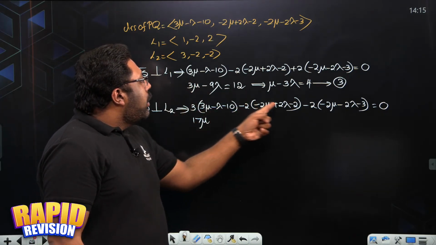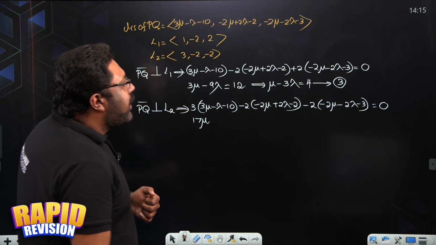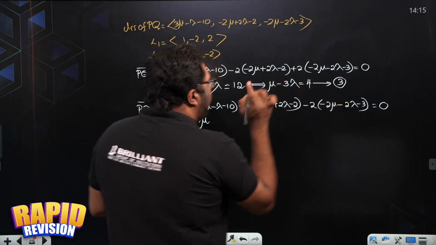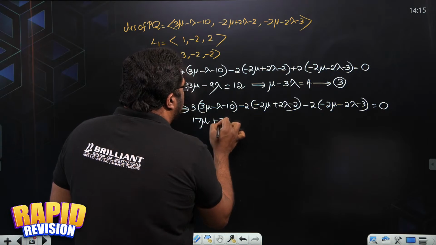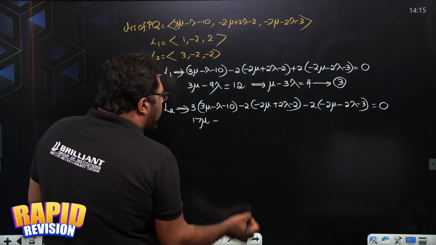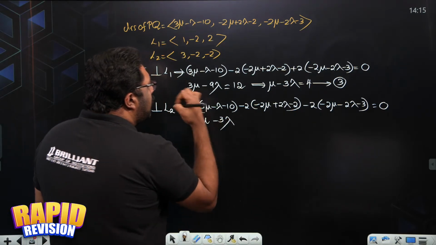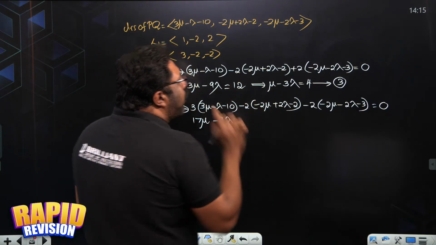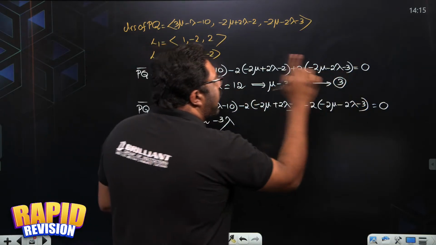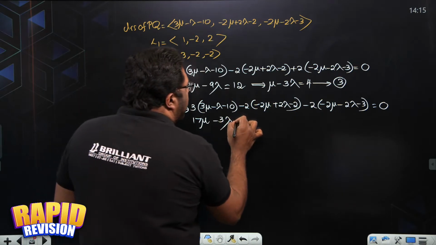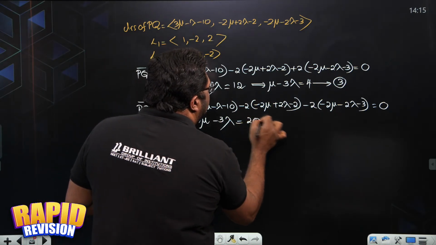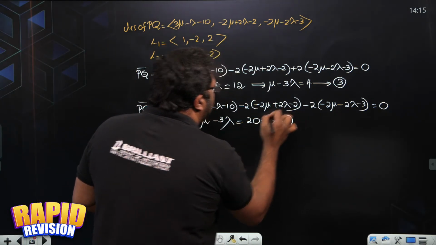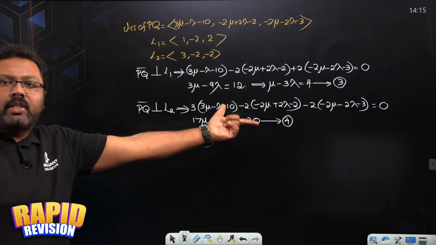Minus 3 lambda minus 4 lambda, minus 7 lambda, plus 4 lambda, minus 3 lambda. Minus 30 plus 4, minus 26, minus 26 plus 6, minus 20, equal to 20, equation number 4. Now you have to solve these two equations.